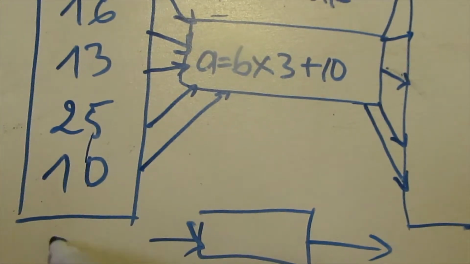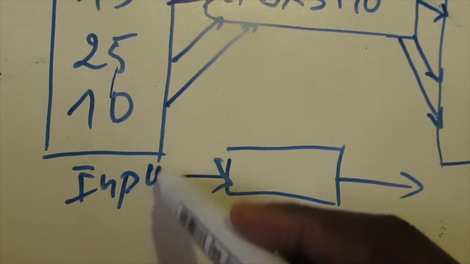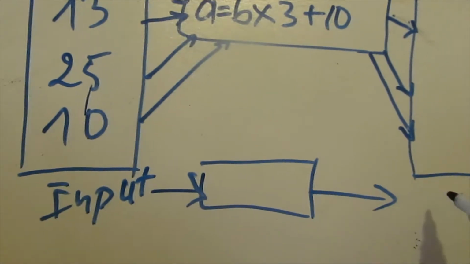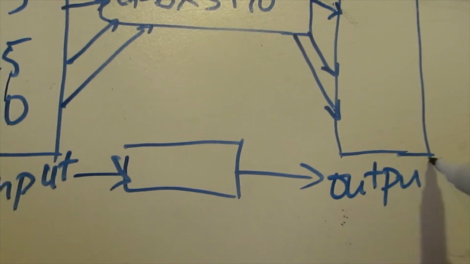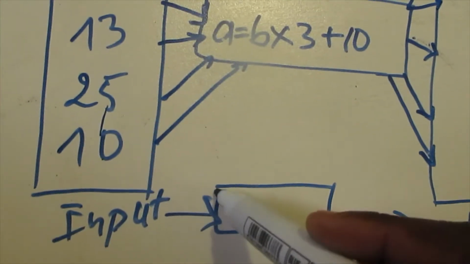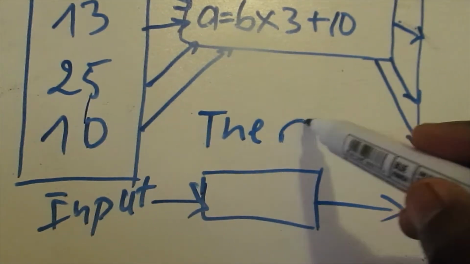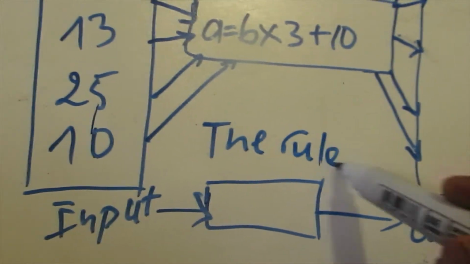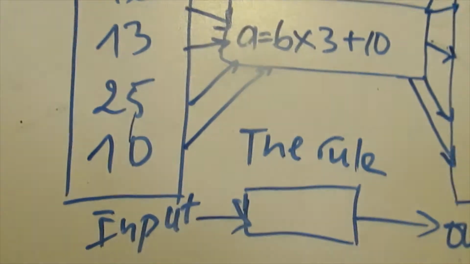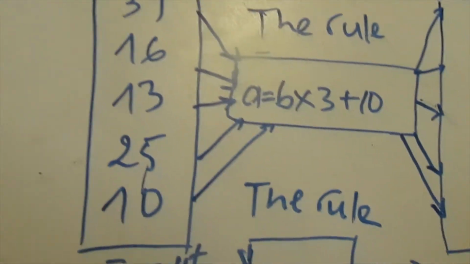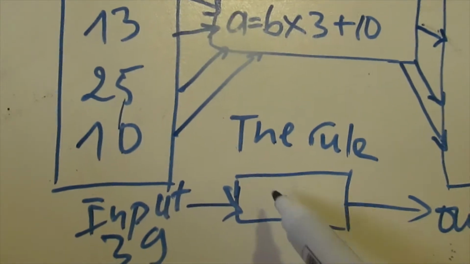We have this is the input, and we have the output. Then in the middle here we have the rule. So we can say, for example, the first input is 39. If we put 39, here we must find the rule.